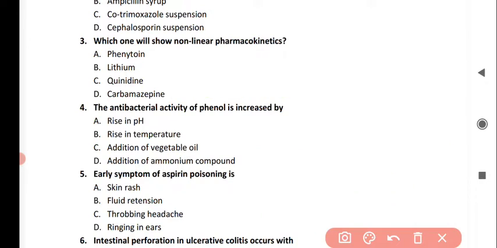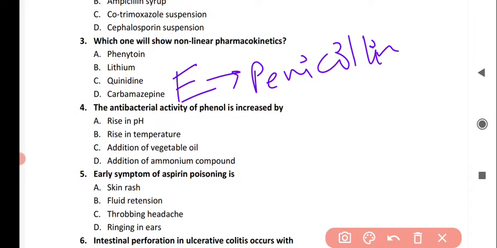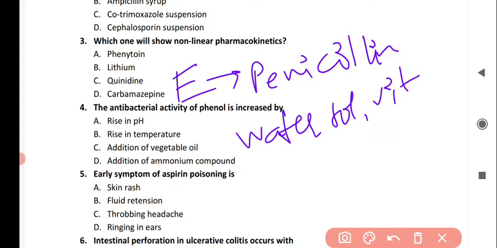Then if I talk about drug excretion, the drugs that cause non-linearity include penicillin, water soluble vitamins, and also glucose will show the non-linearity due to drug excretion.